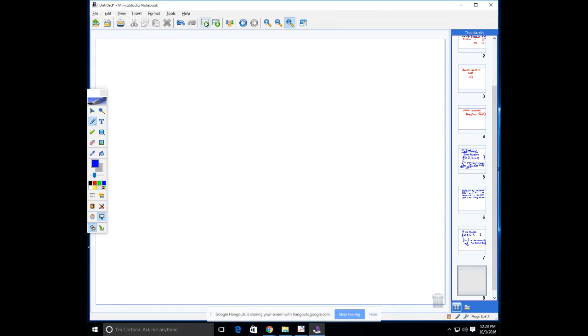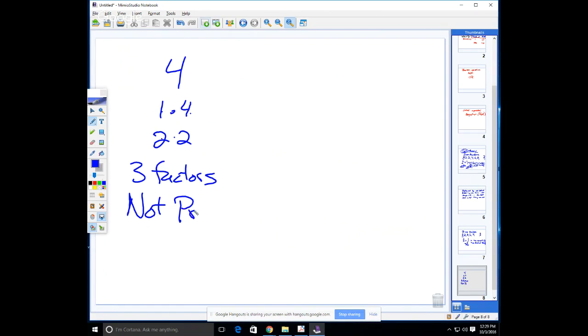So if I picked a number like 4, well, 4 could be factored as 1 times 4 or as 2 times 2. So here I have 1, 2, 3 different factors. Okay, so that means this one here is not prime. On the other hand, if we pick 3, how can you factor 3? Well, 1 times 3, that's the only choice, right? So there's my 2 distinct factors, which means this thing is prime.